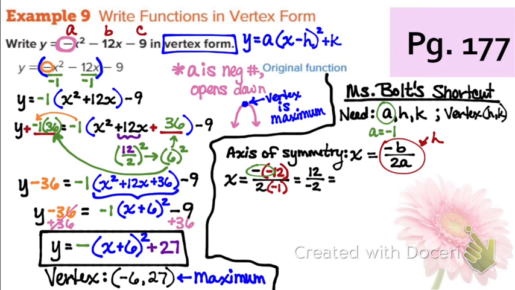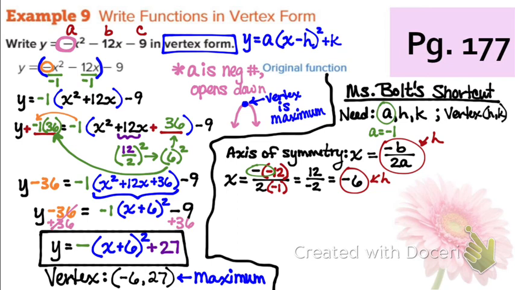What is 12 divided by -2? -6. What did we say the x part of the vertex was, doing it the other way? -6. Did I find the same h value? Yes. So now I've got 2 of the 3 pieces.